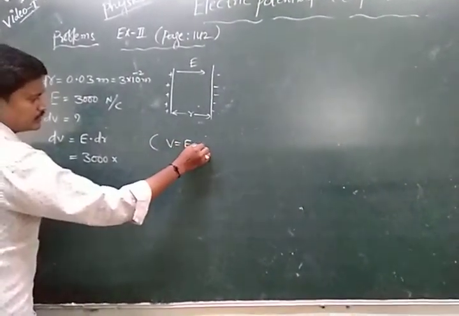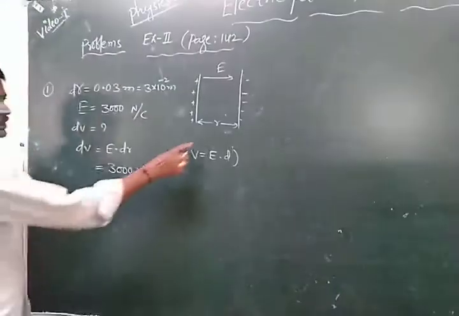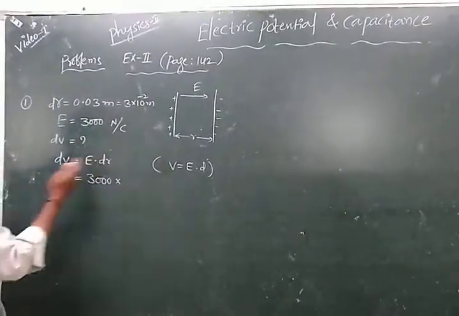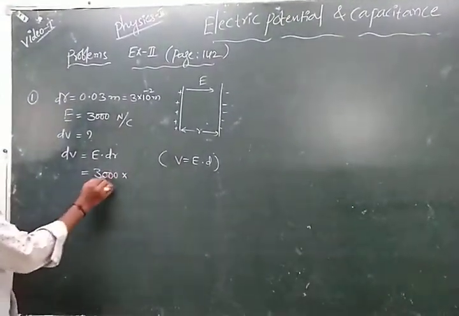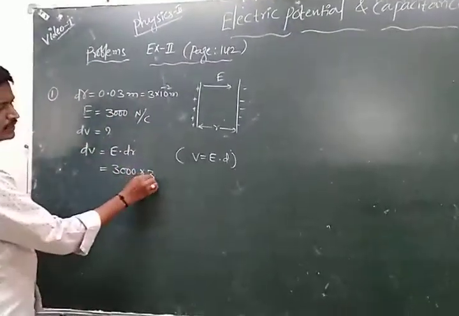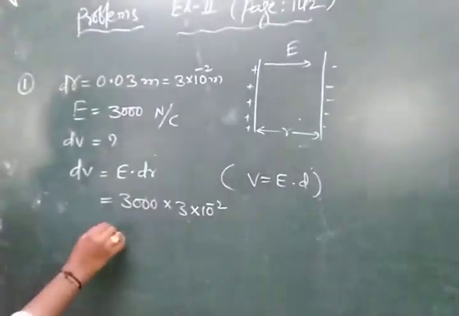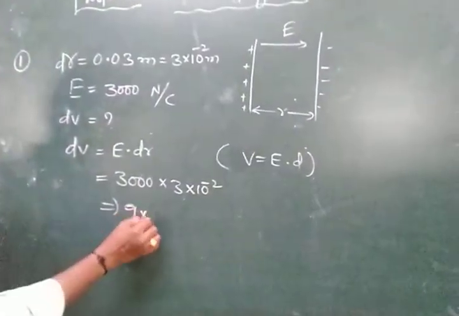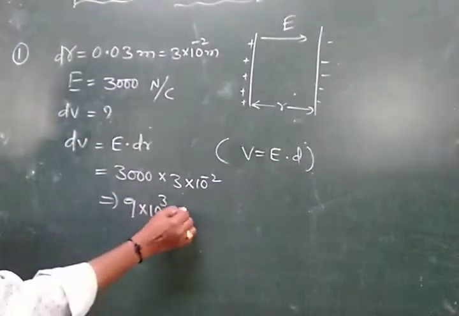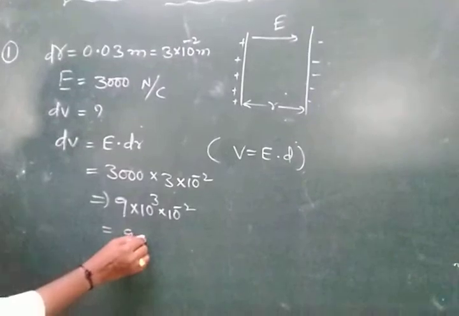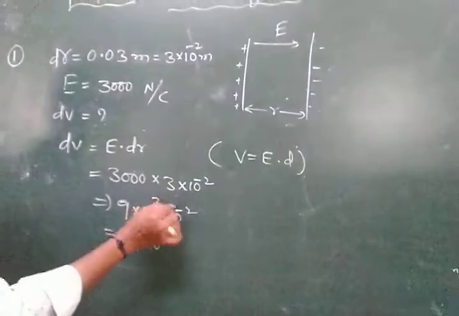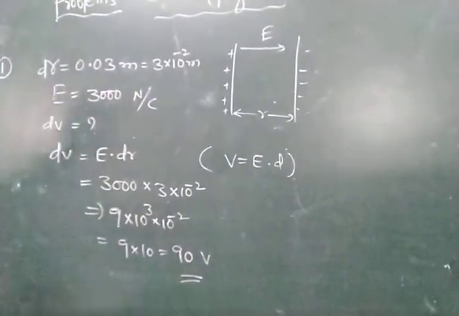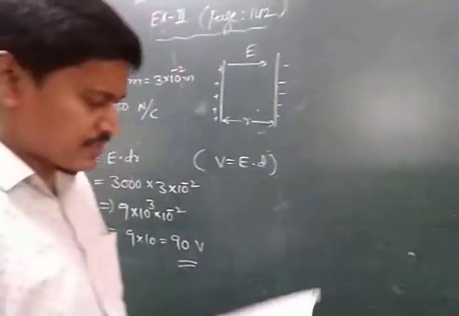Instead of r we can take d also. So 3000 into 3 into 10 power of minus 2. 3 threes are 9, and 10 power of 3 into 10 power of minus 2 cancel, so that is 90 volts. This is the potential difference between the plates.